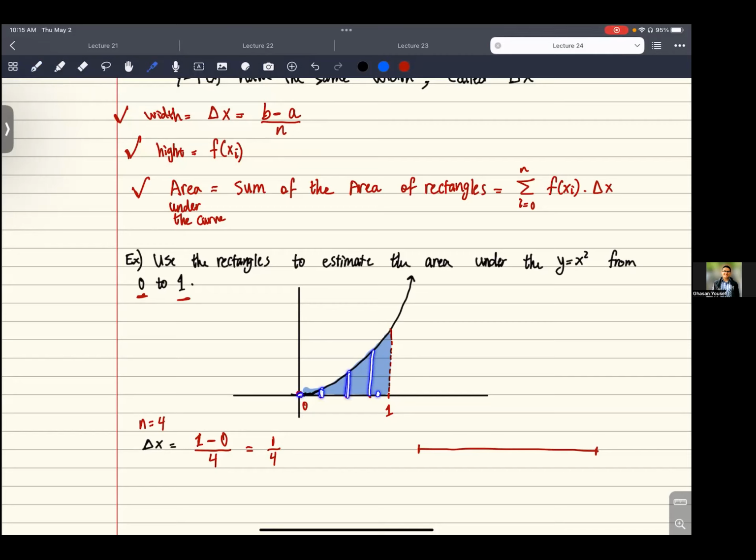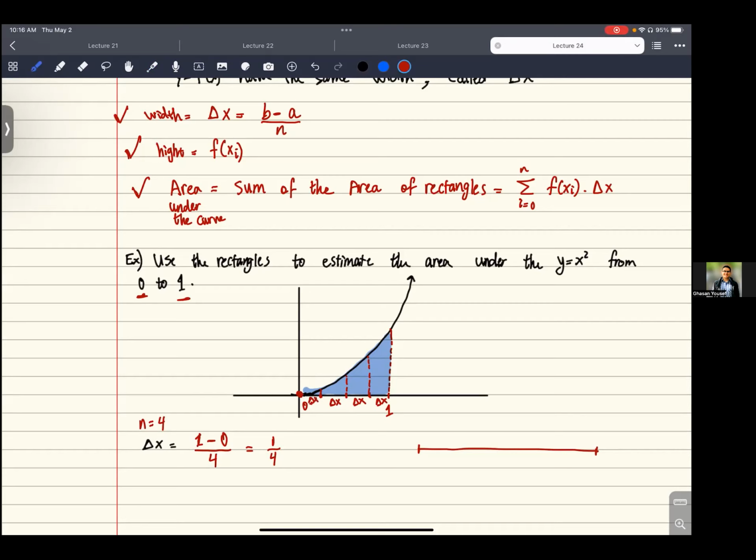Now, if I need the height to be the right endpoint, the rectangles should look like this. All of them have the same width, so it's delta x, delta x, delta x, all the same delta x.